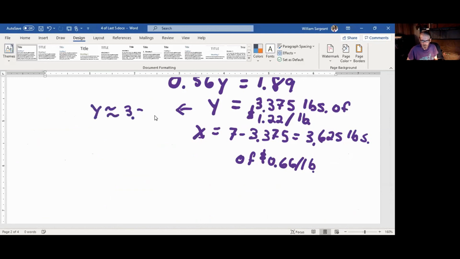Y would be about 3.38 pounds of the $1.22 candy, and X would be about 3.63 pounds of the 66 cent per pound candy.